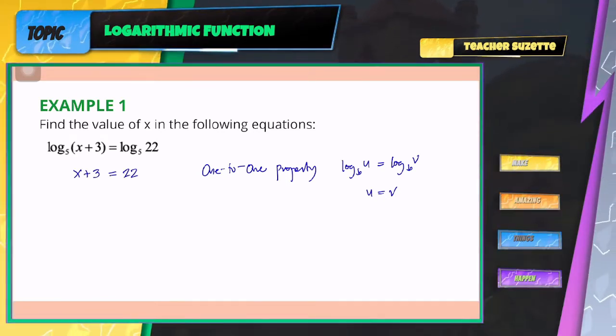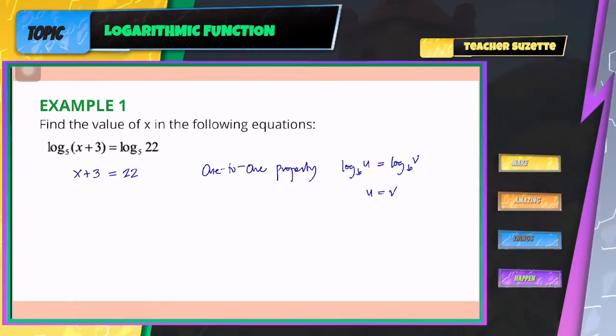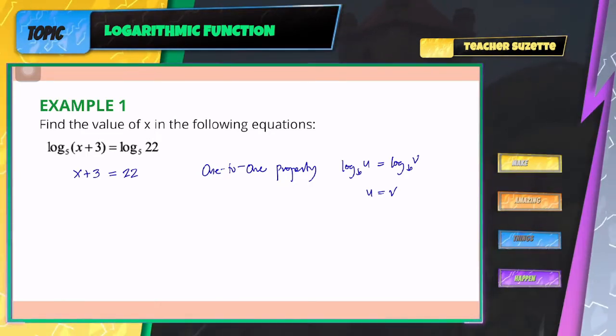Now, we have a simple algebraic equation na lang, so we can easily solve for the value of x. For us to solve for x, we have to isolate it on one side of our equation.